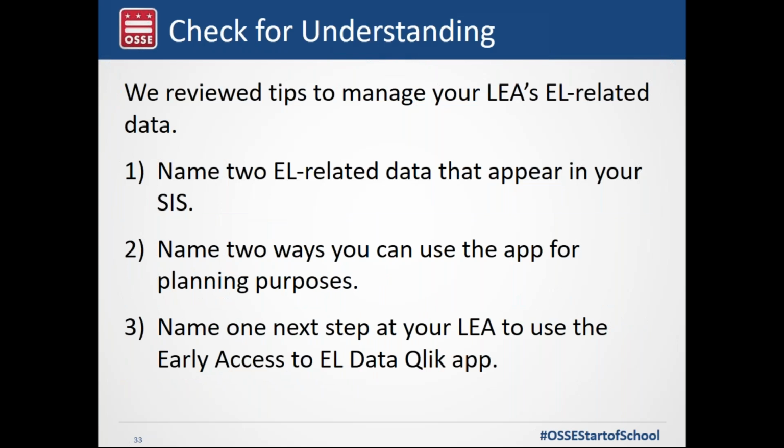And just as your own little self-check, think about 2 EL-related pieces of data that appear in your SIS, and what are 2 ways that you can use the app for planning purposes. So if you wouldn't mind quickly writing an answer in the chat box about 2 ways you can use the app for planning purposes, and then also think about a next step at your LEA.